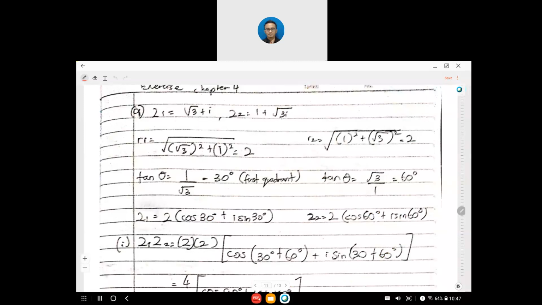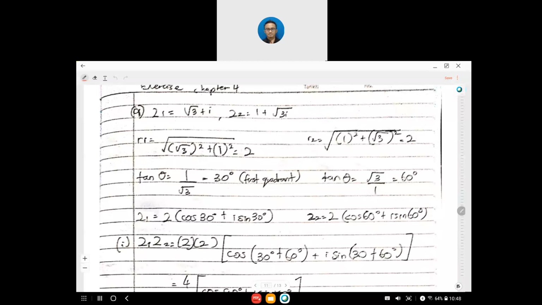Question 7. Okay. Find polar form. This one is the polar forms of Z1 times Z2, Z1 divided by Z2, and 1 over Z1, by first putting Z1 and Z2 into polar form.